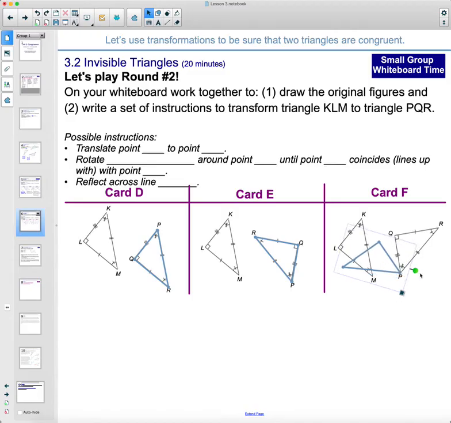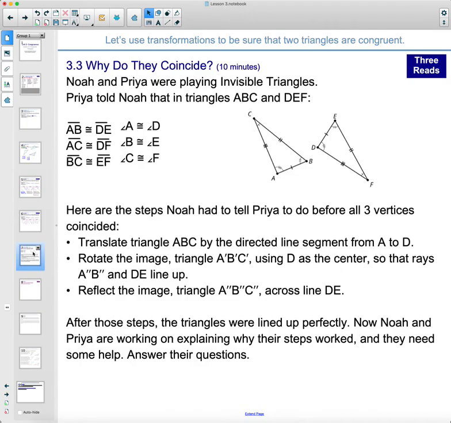Okay, so keeping P in the same spot until L lands on Q. And then the final thing that you would need to do in this one would be a reflection over PQ. So this is what you're supposed to get from this.